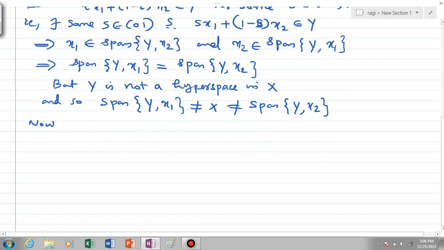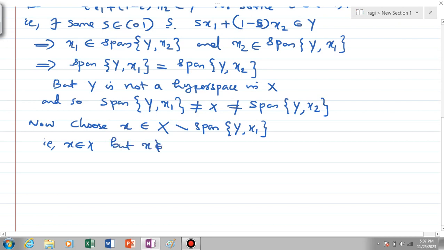Now choose an element from X minus span of {Y, x1}. That is, span of {Y, x1} is not equal to the full space X, and so we can choose an element x from X but not in span of {Y, x1}.